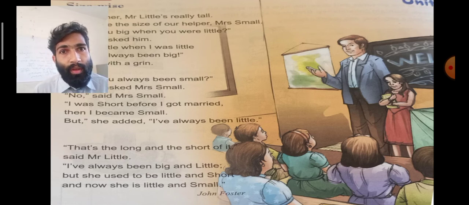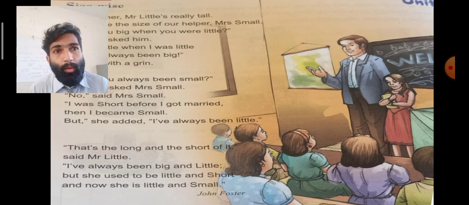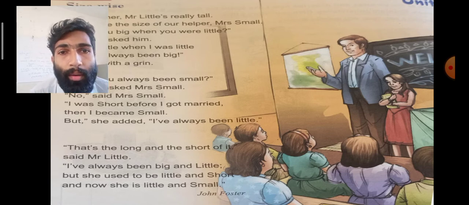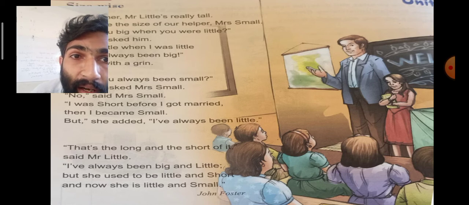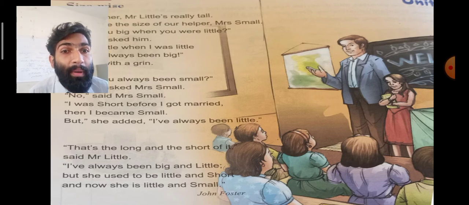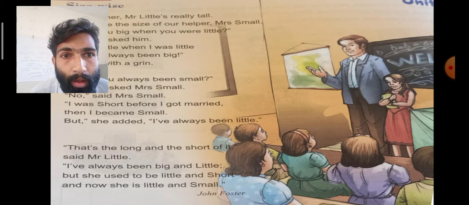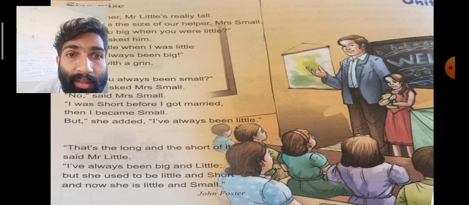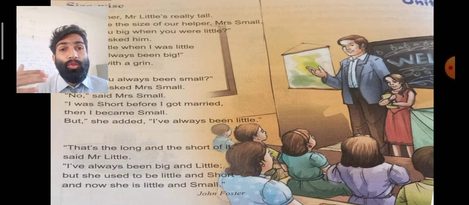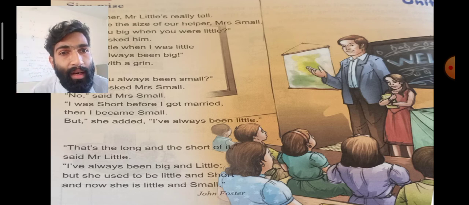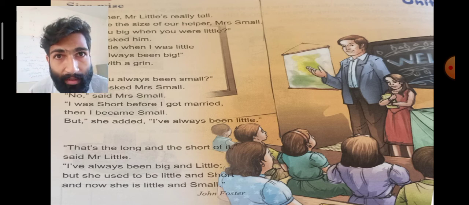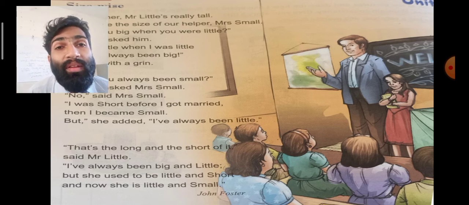At that time he was big in size, and now also tall. "But I've always been big." But she used to be little and short, and now she is little and small. So in her childhood her size was little and her name was Short, but now her size is still little, but her name is Small.